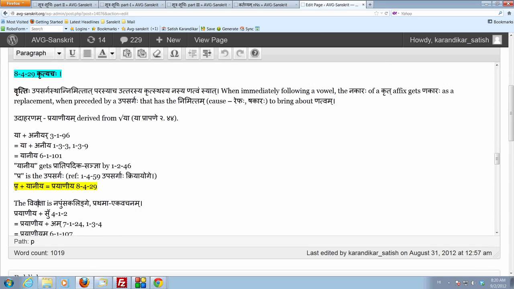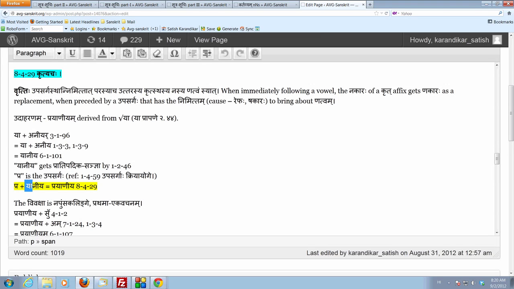So what do we have here? We have between the repha, which is nimittam, and the nakaraha, the intervening letters of akaraha, which is here at the end of pra, then we have a yakaraha, and we have an akaraha. Now all of these, the akaraha, the yakaraha, and the akaraha, they all belong to the pratyahara at, because hayavarat.